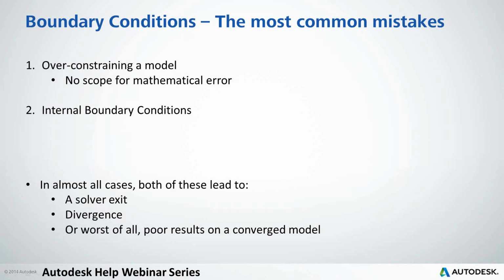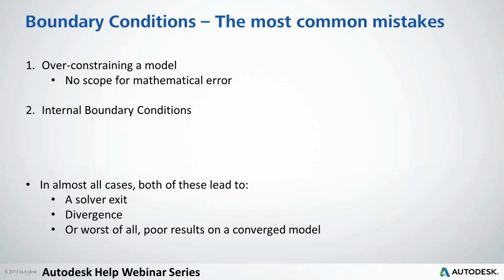Okay, so just to talk about boundary conditions, there are a couple of very common mistakes that we see often through support cases. One is over-constraining a model. So we need to leave CFD some kind of scope for mathematical error. And the other is assigning internal boundary conditions. There's one exception, which I'll talk about in a minute. In almost all cases, these lead to one of three things.